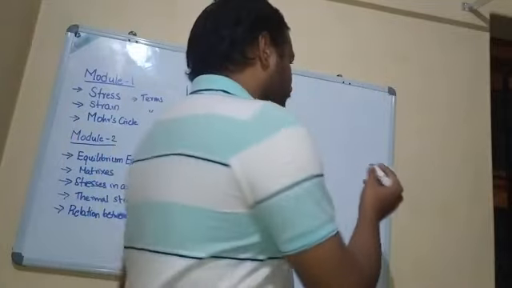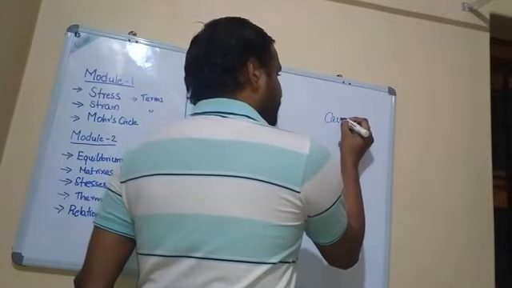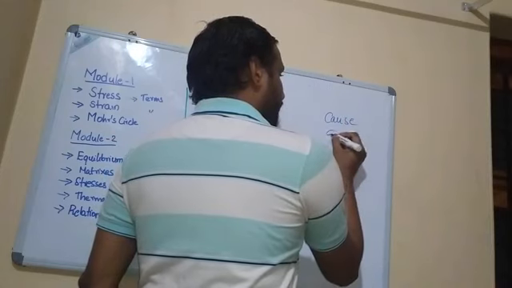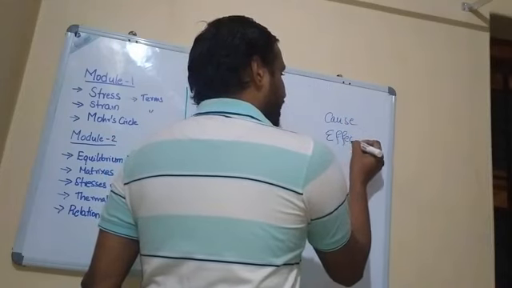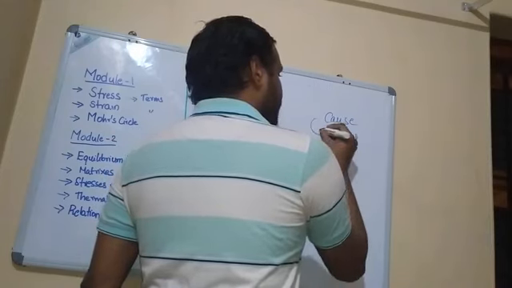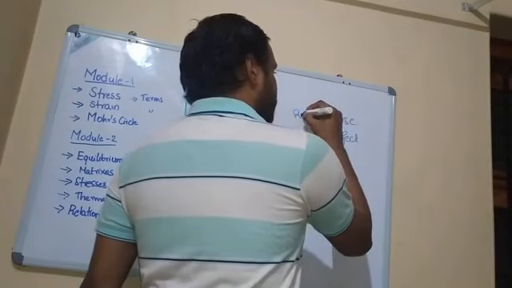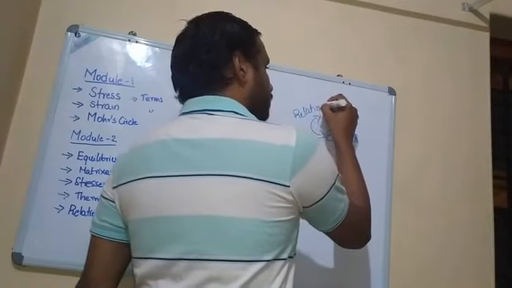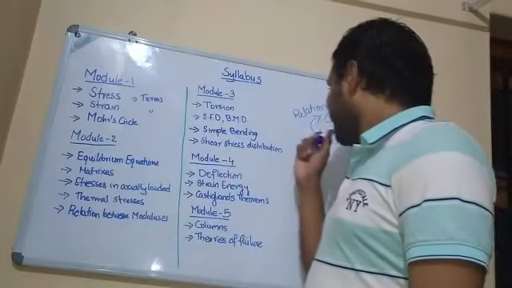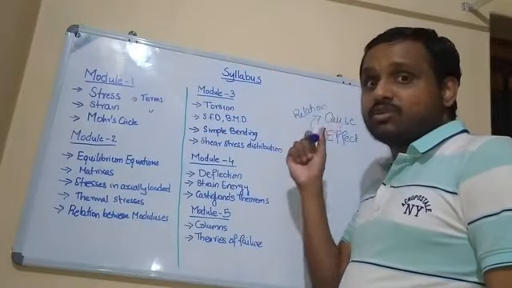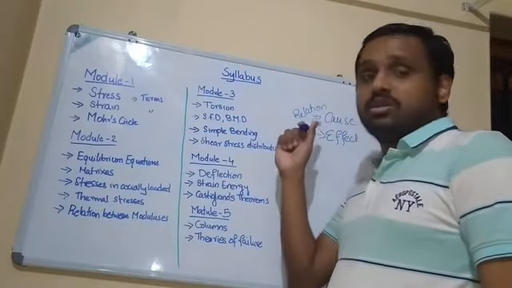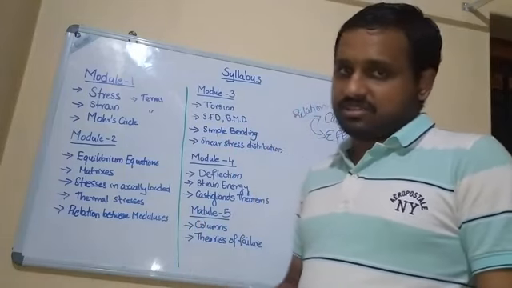I told you in the last lecture that there is a cause and there is an effect, and you need to find out the relation between these two, cause as well as effect, right?